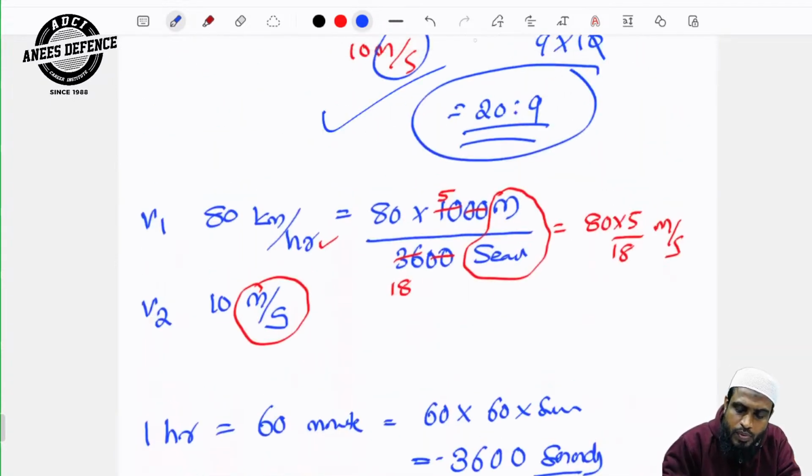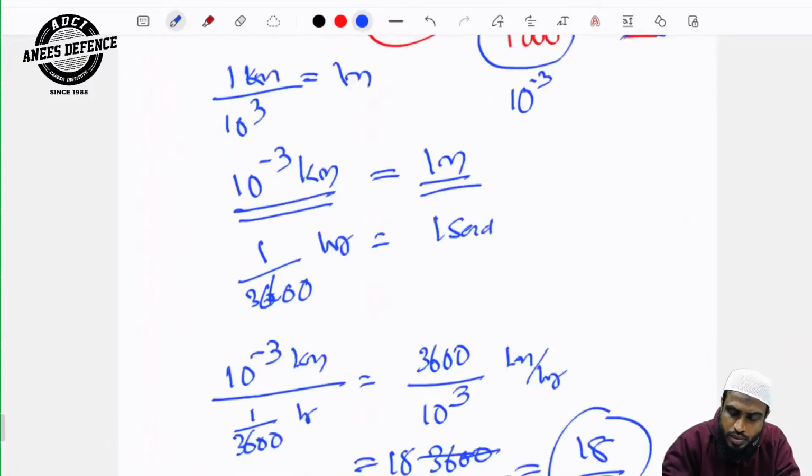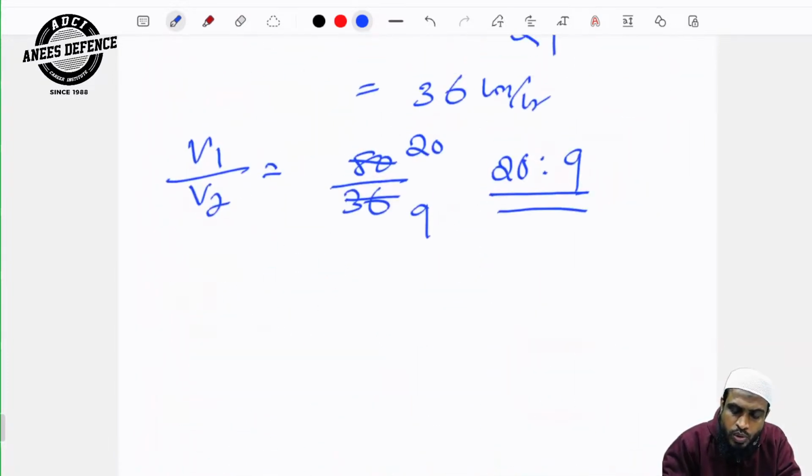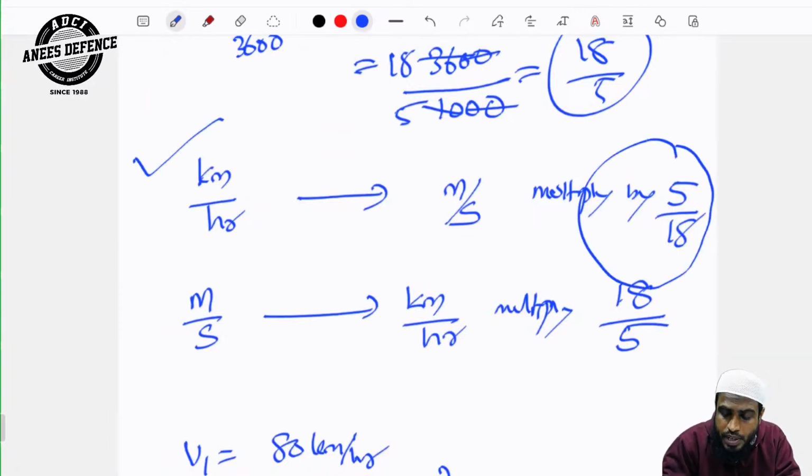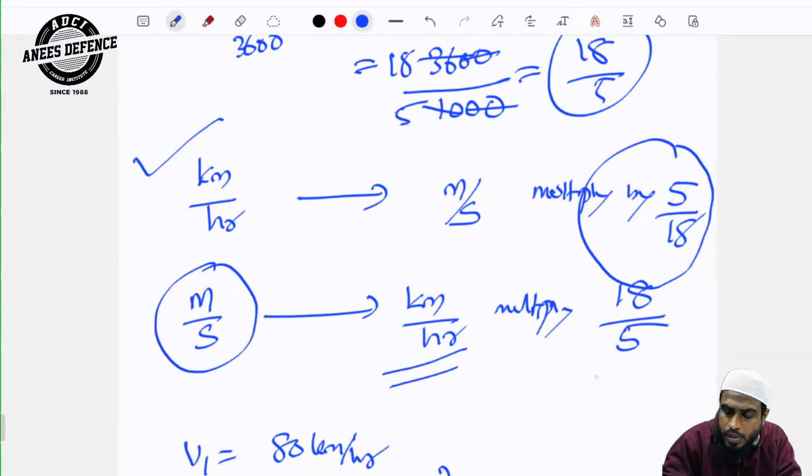In both cases we get the same answer, 20 is to 9. So if you want to convert kilometer per hour into meter per second, multiply by 5 by 18. If you want to convert meter per second into kilometer per hour, multiply with 18 by 5.